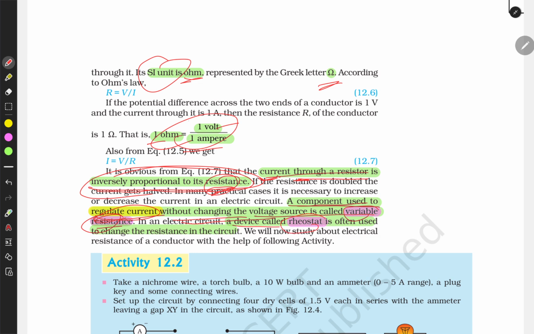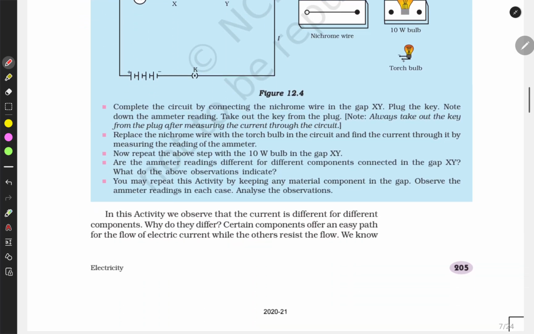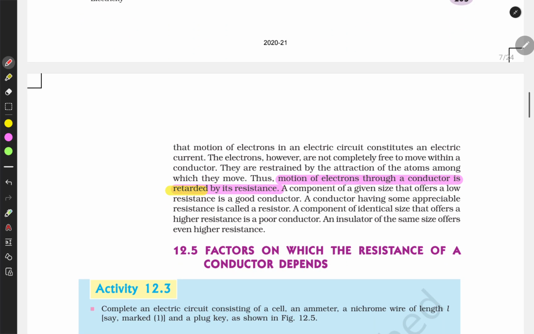A device, the rheostat, is often used to change the resistance in a circuit. The motion of electrons through the conductor is retarded by the resistance.